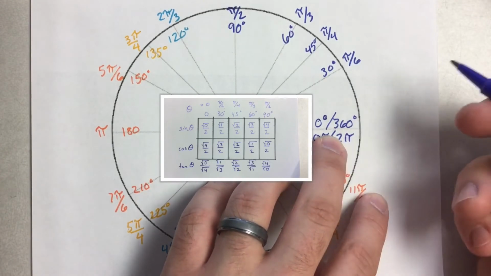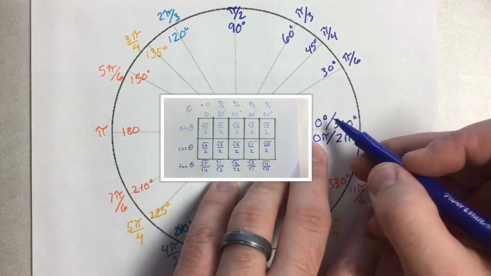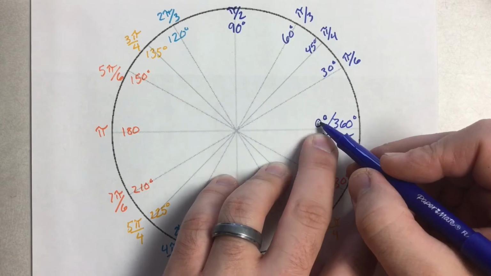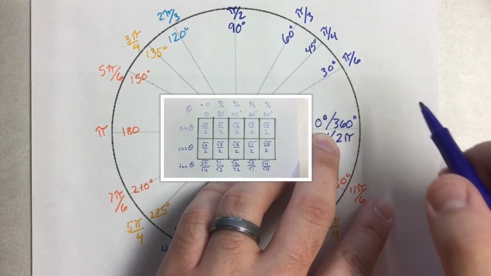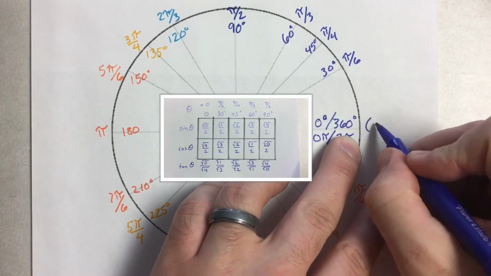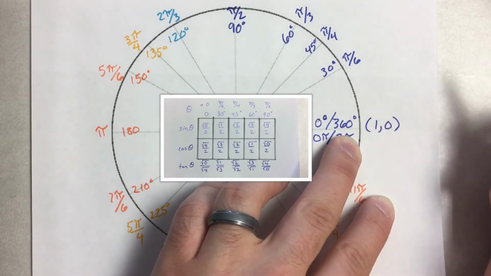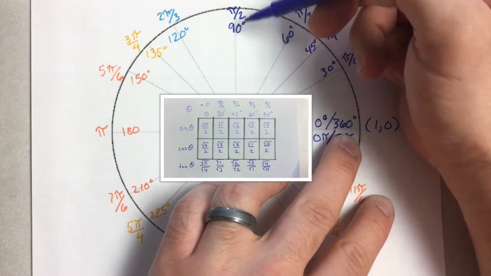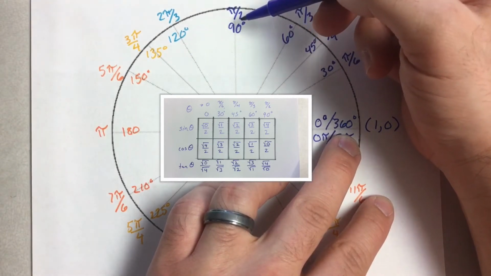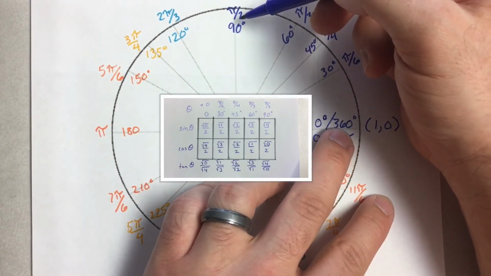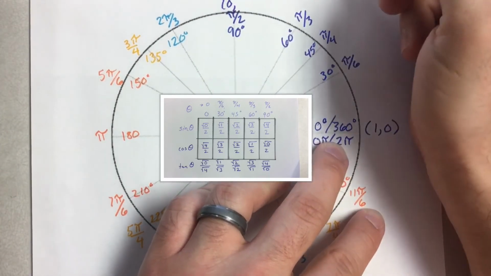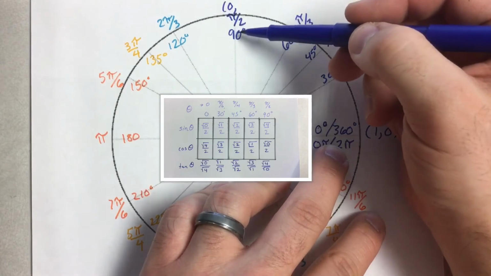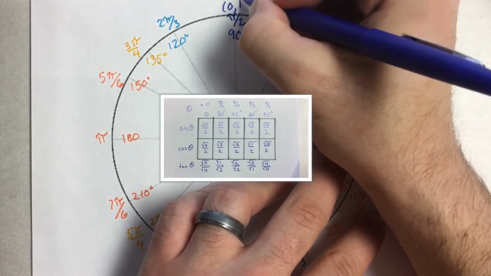So our table says that cosine of 0 degrees is 1, and sine of 0 degrees is 0. So this would be 1 comma 0. So then cosine of 90 on our table we see is 0. And sine of 90 on our table we see is 1. All right?